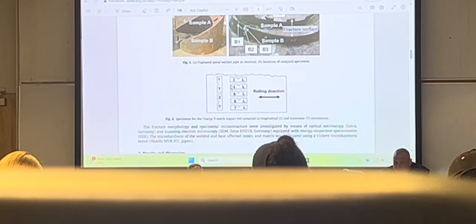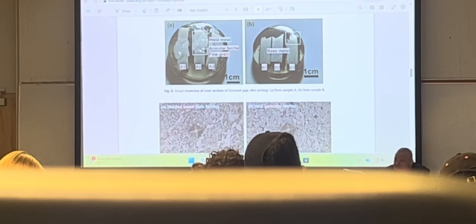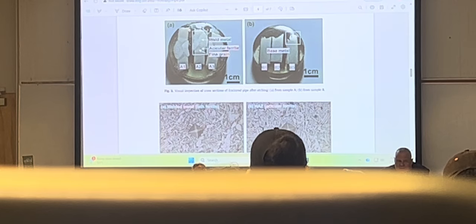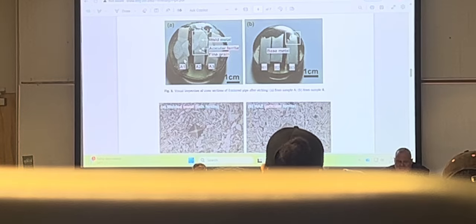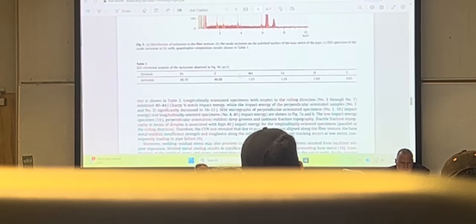We cut out the samples perpendicular and parallel to the rolling direction. This is the schematic of those Charpy specimens. And this is the weld, the idea of the weld, that you put enough material there so it doesn't fail. It failed right next to it. Here you can see the heat affected zone, and here is the impact energy.